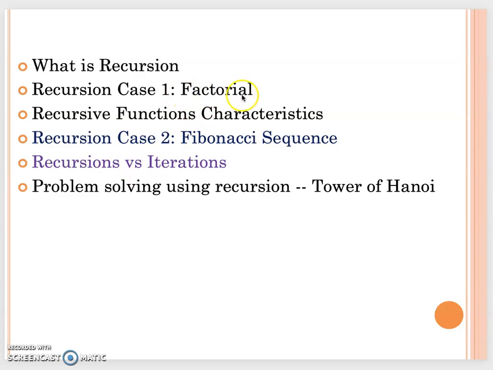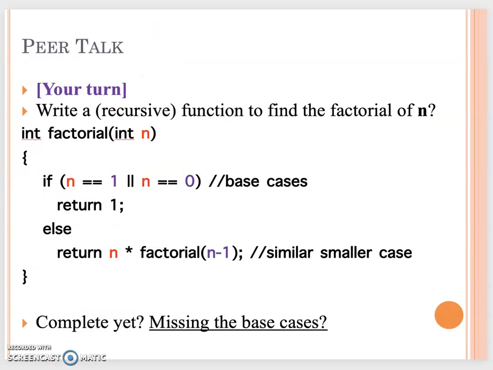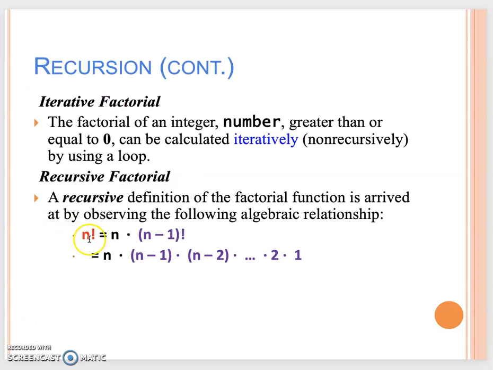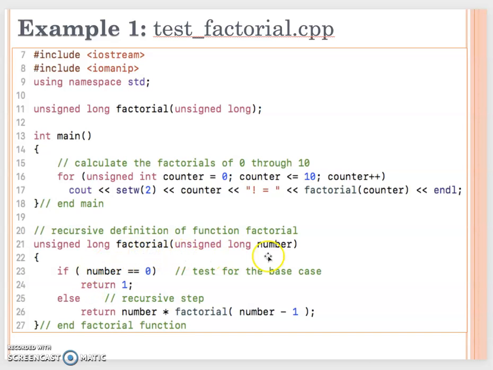For example, do you remember the factorial function? Any factorial can be converted to factorial n equals n times (n minus 1) factorial. So we implement the recursive factorial function.